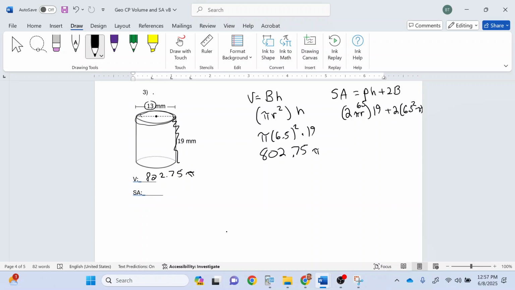So 2 times pi, 2 times 6.5 times 19 is 247 pi, plus 2 times 6.5 times 6.5.